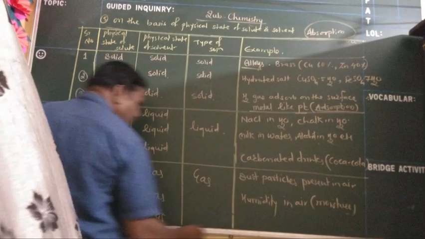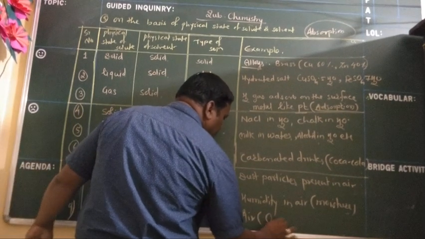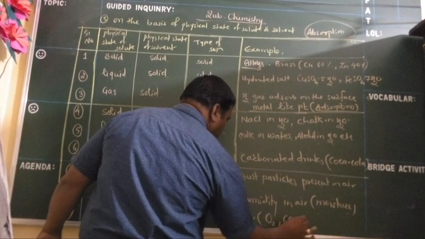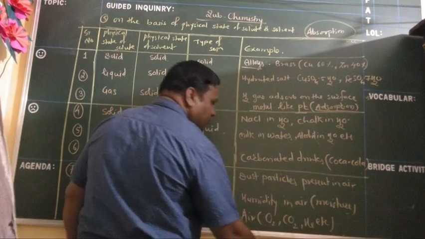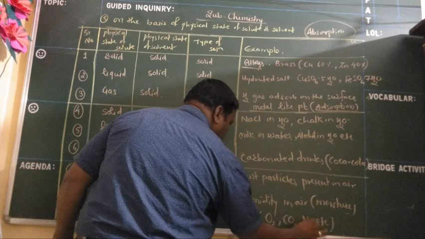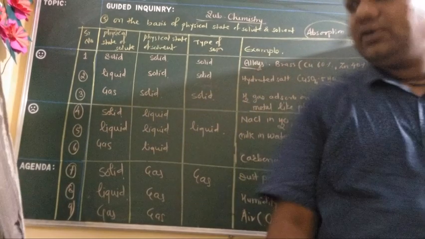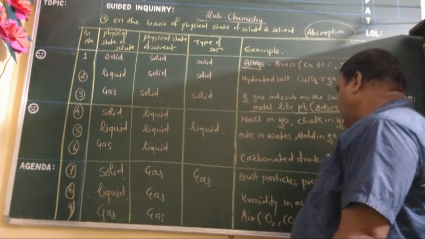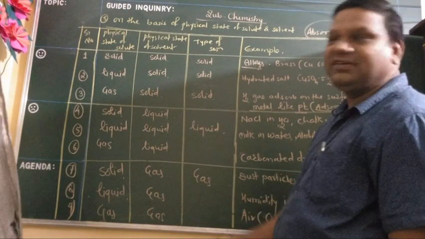So it is air, which contains oxygen, CO2, helium, nitrogen, etc. So a mixture of gases is in the air, that is gas in gas. One is more, another one is in a less quantity.